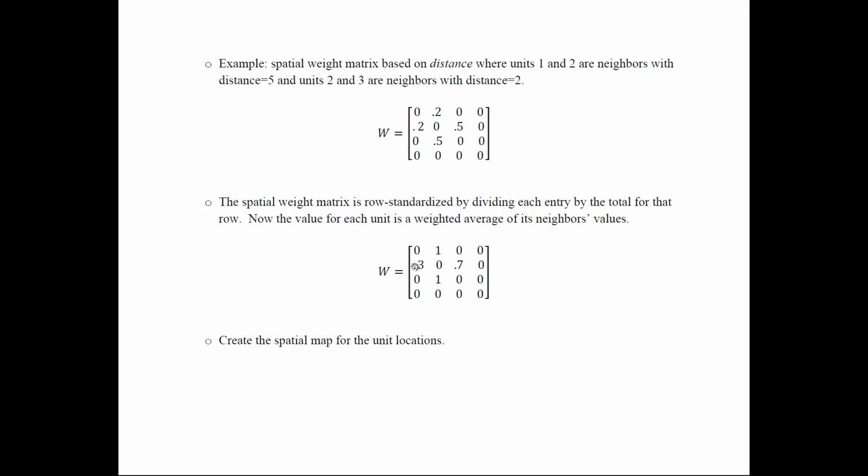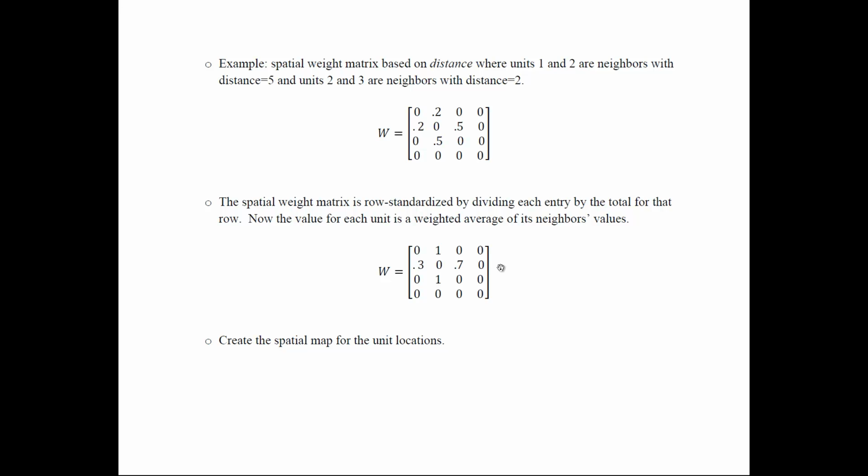So if we divide the 0.2 by 0.7, we would get 0.3. And if we divide 0.5 by 0.7, this would be a value of 0.7. Next, the sum here is 0.5, therefore dividing it, that would be equal to 1, and there's nothing to do with this row. So this would be a row standardized matrix.